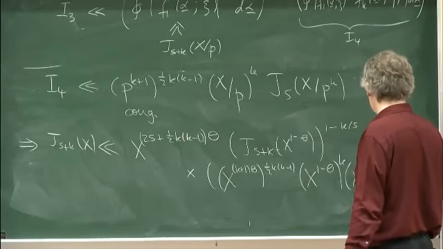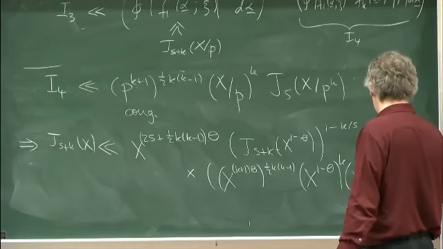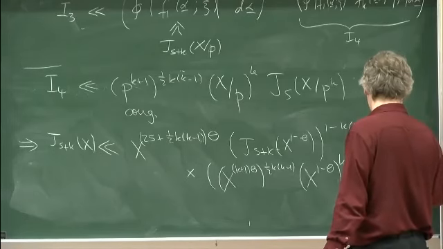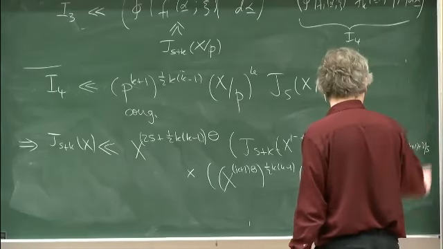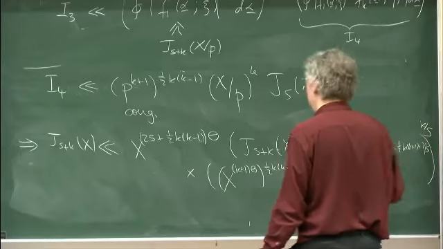This is supposed to be 2s minus a half k, k plus 1 plus a to s. And all of that comes to the power k over s.